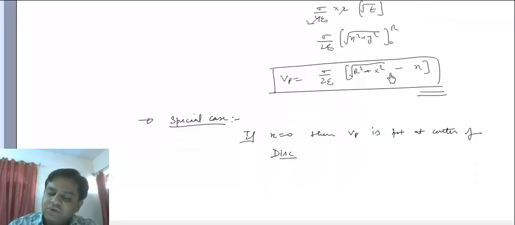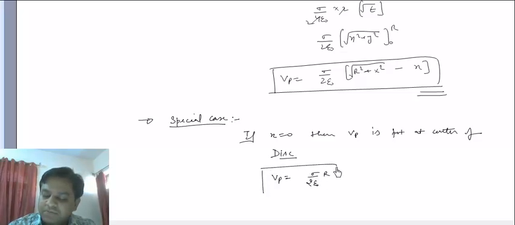So if we put x equal to 0 in the above expression, then we get potential at the center of the disk, which is sigma by 2 epsilon naught into r.